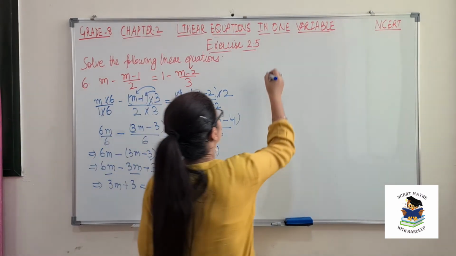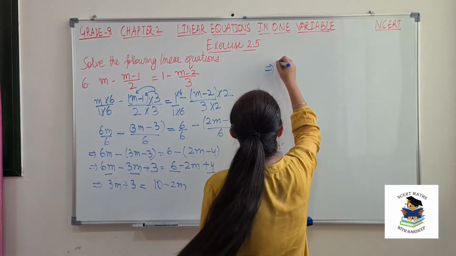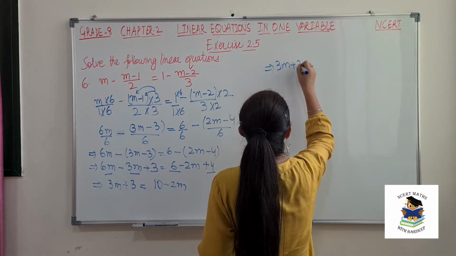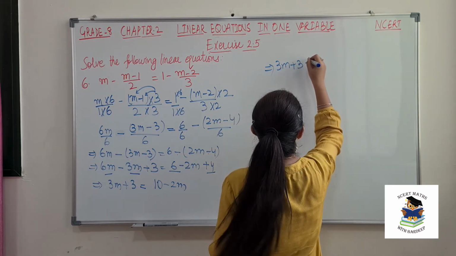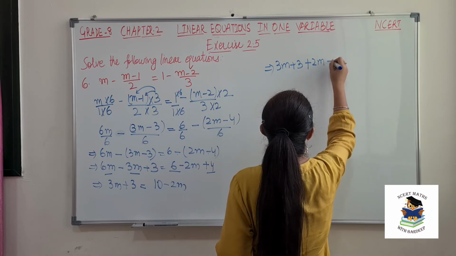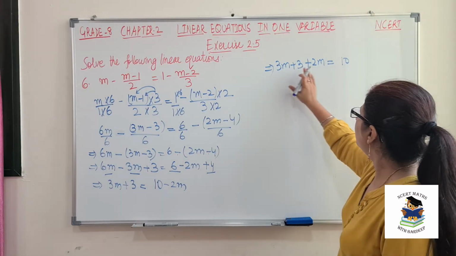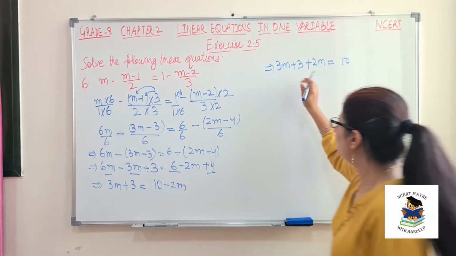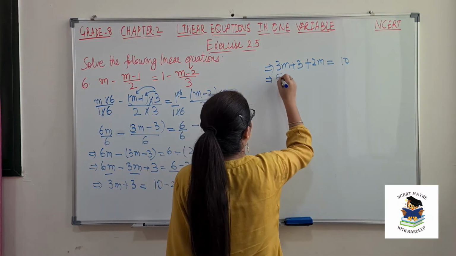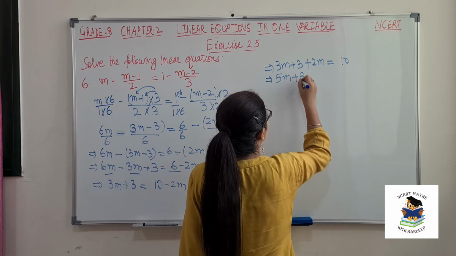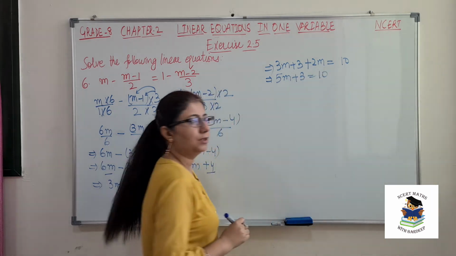So that means 3m plus 3 as it is. Minus 2m will come here, so it will become plus 2m equals to 10. So 3m plus 2m is 5m. 5m plus 3 is equal to 10.